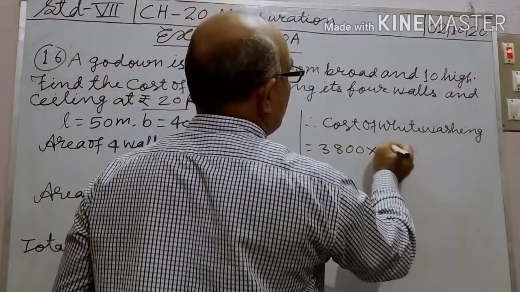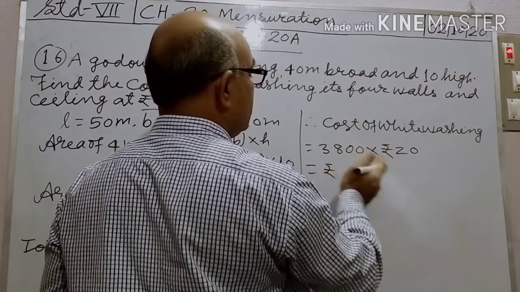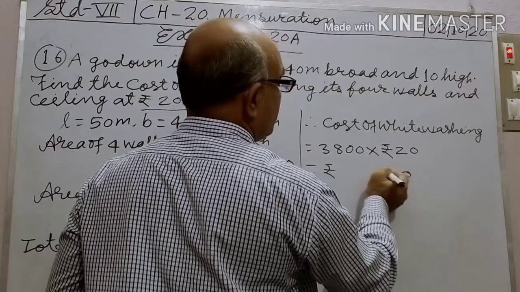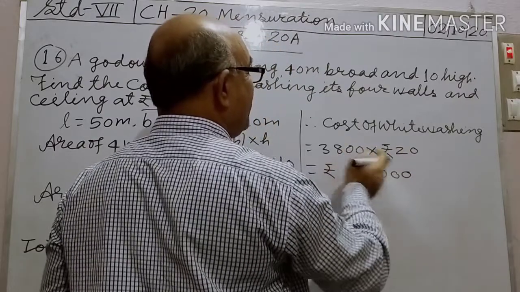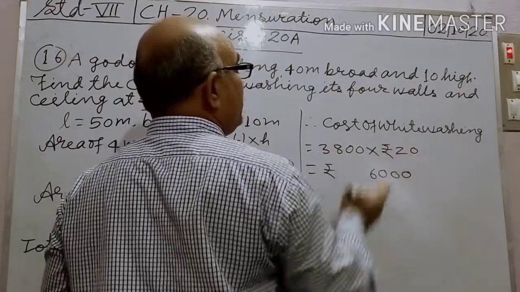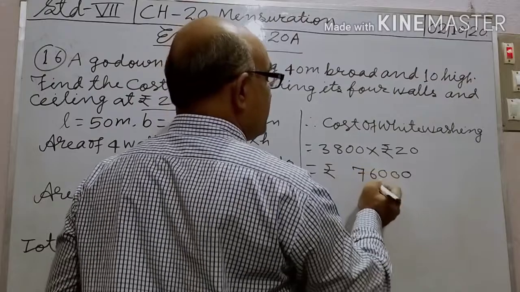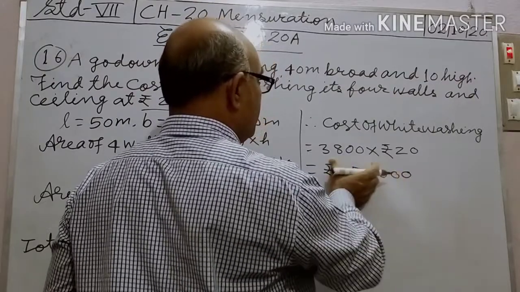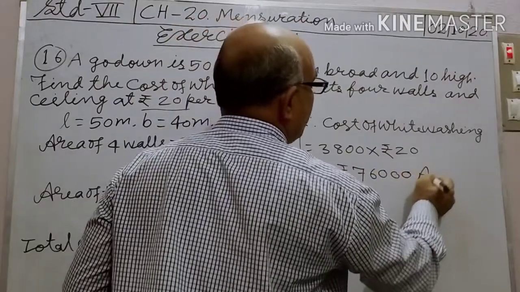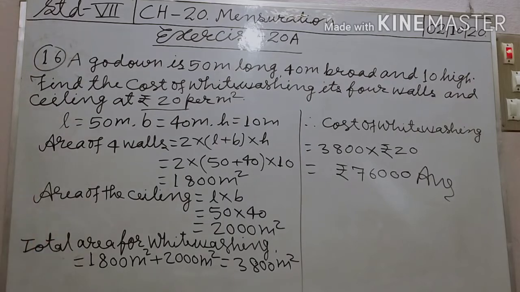So rupees 20 multiplied by 3800. 8 2s are 16, write 6 carry 1, 3 2s are 6 plus 1, 7. So rupees 76,000 is the answer of this question. Students, understand and write it.